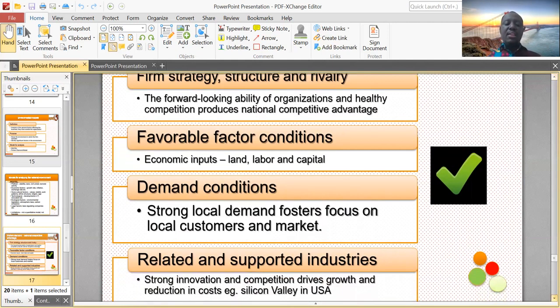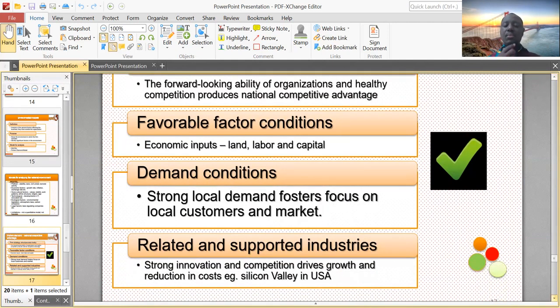They also have related and support industries. So there are countries that have related industries, and these related industries are driven by strong innovation and competition. A typical example of related and support industries is Silicon Valley in the USA, where you have different kinds of companies coexisting in order to drive innovation, drive enterprise and drive business.